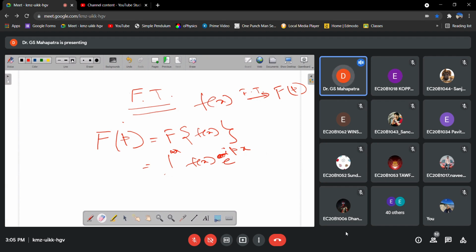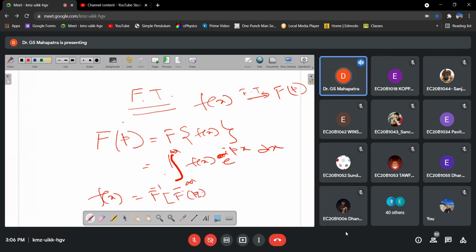If I change, then the answer is like that, integration from minus infinity to infinity dx, correct? So if this is the Fourier transform, the inverse transform is f of x, that is the inverse Fourier transform of capital F of p.